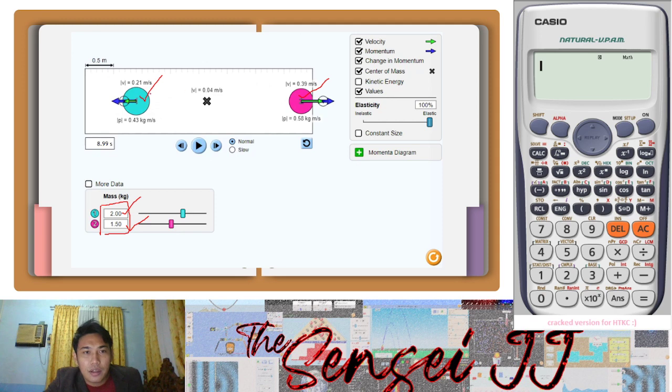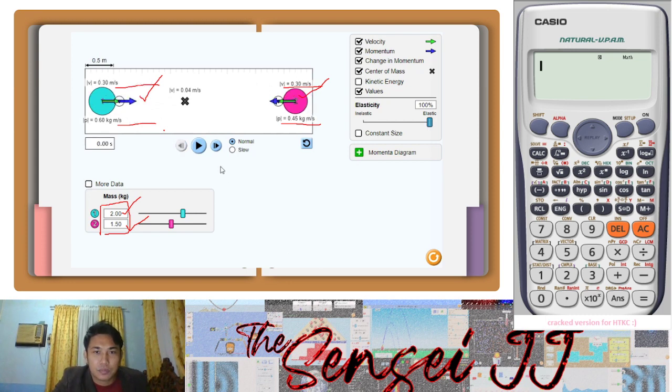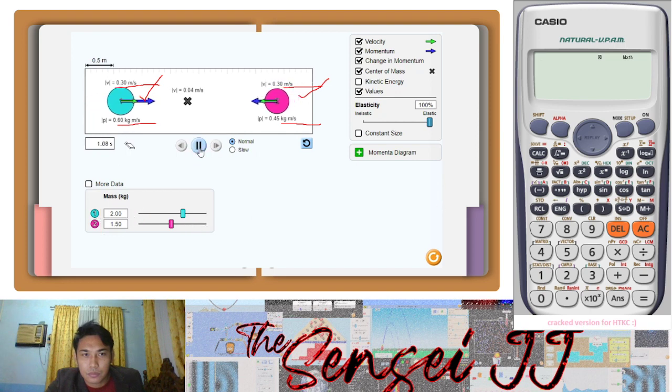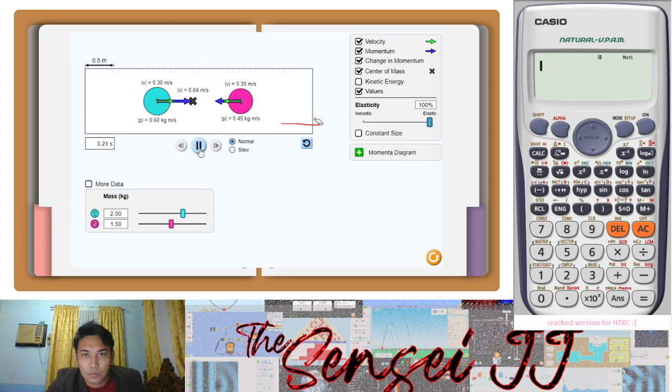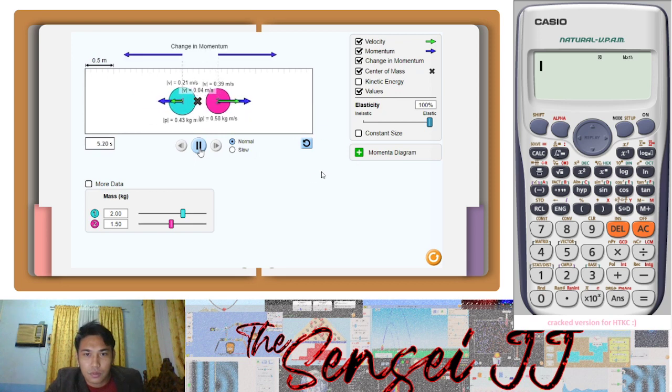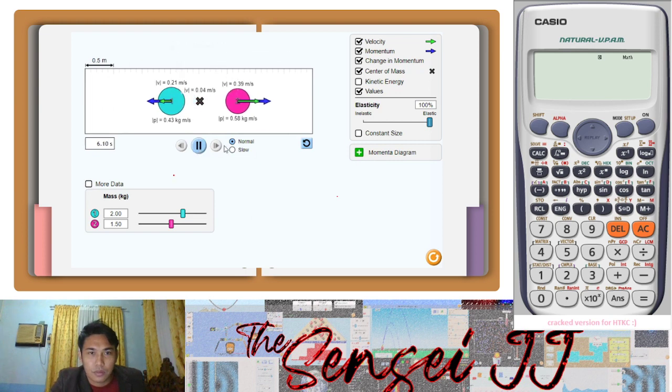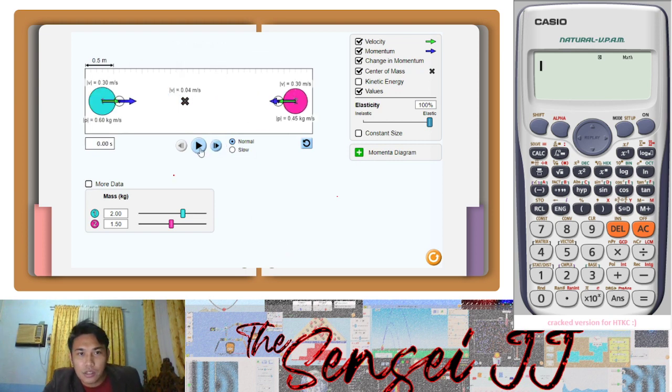Their velocity, however, changes, and also their momentum. So let's play it one more time.